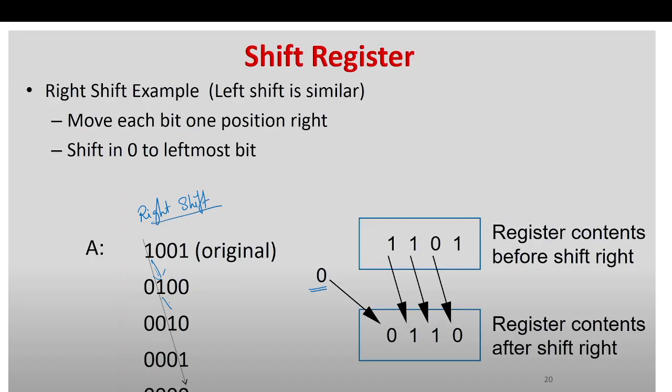So next clock cycle, it will move one more bit right. Next clock cycle, one more bit right. And the next clock cycle, this one will be discarded. And every time, the leftmost bit is assigned 0.